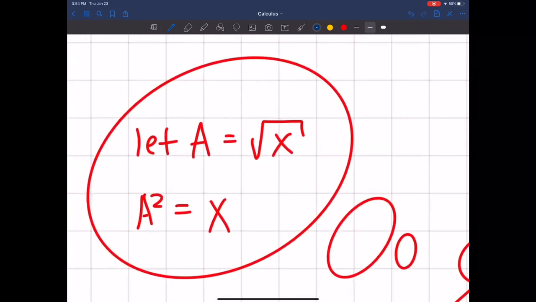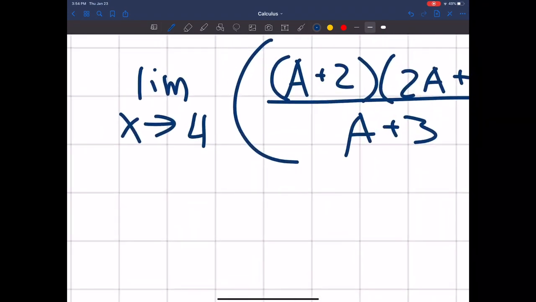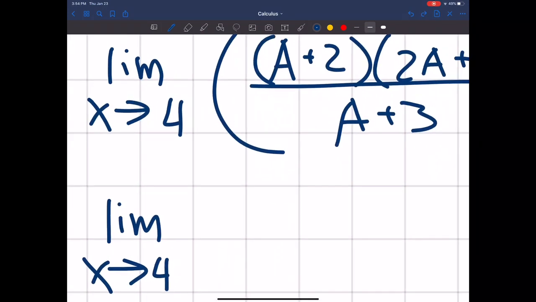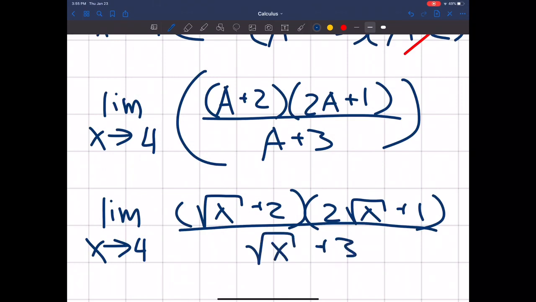Remember, we let a equal root x, and so that means a squared is equal to x. So the limit as x approaches 4, don't forget this part, guys, of (root x plus 2)(2 root x plus 1) over (root x plus 3).